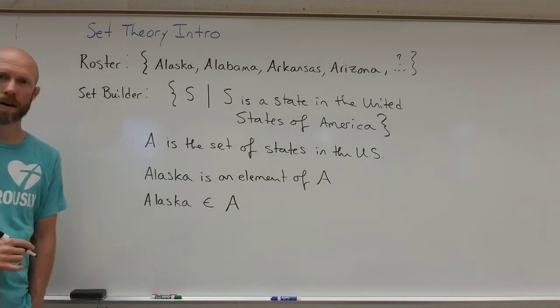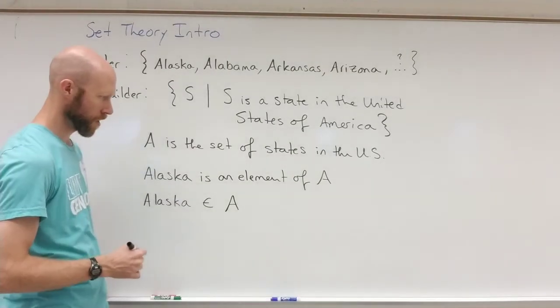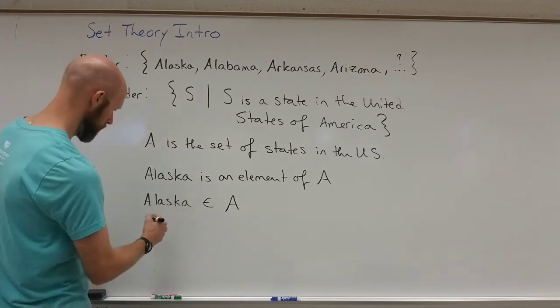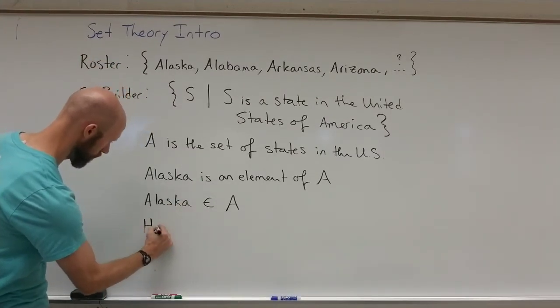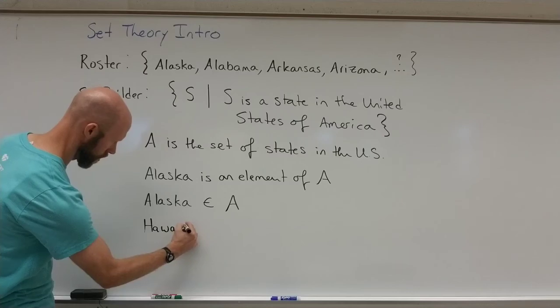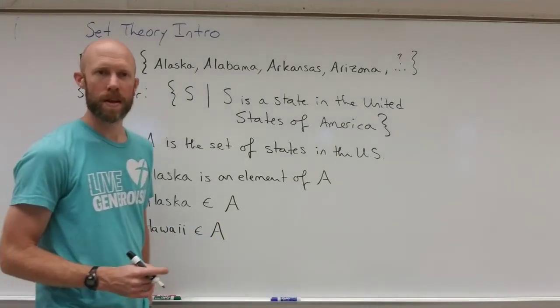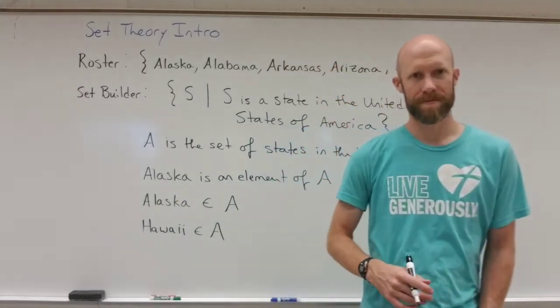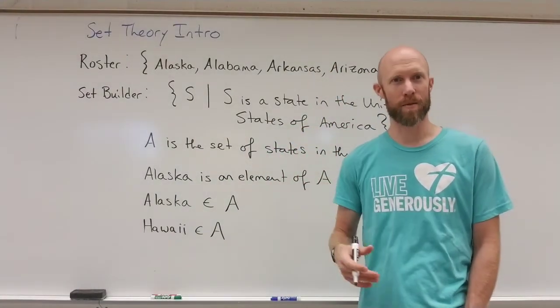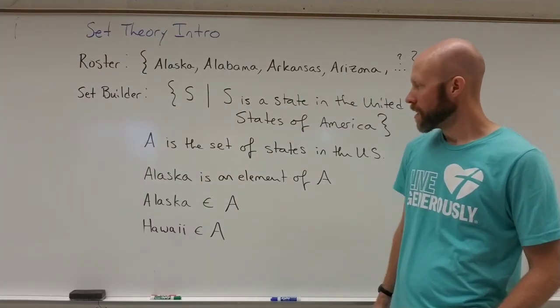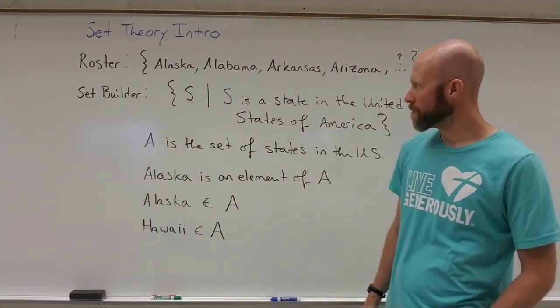All right. I don't know what other states are there. Hawaii is an element of set A. Connecticut, Montana, Wyoming, right? They're all elements of set A. All right.